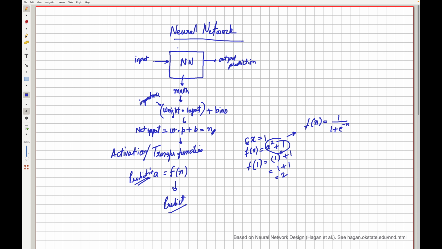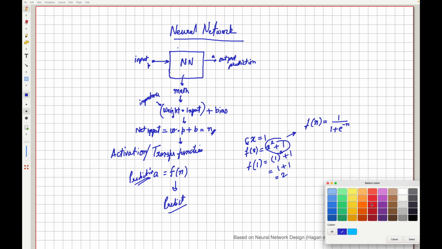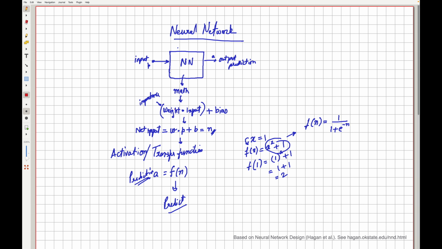So the input is going to be the letter P, output is going to be the letter A, and inside of this are going to be the weights. This is what I want you to remember: what is it that we are trying to do?